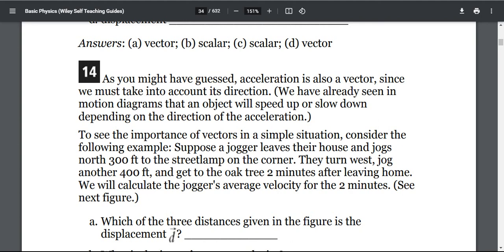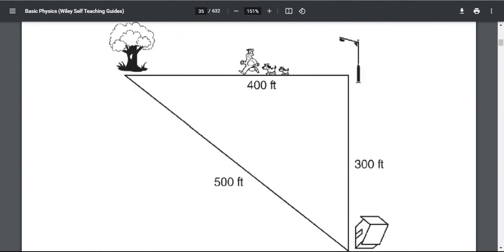As you can see in this diagram, the jogger leaves his house to the north for 300 feet to the street lamp.